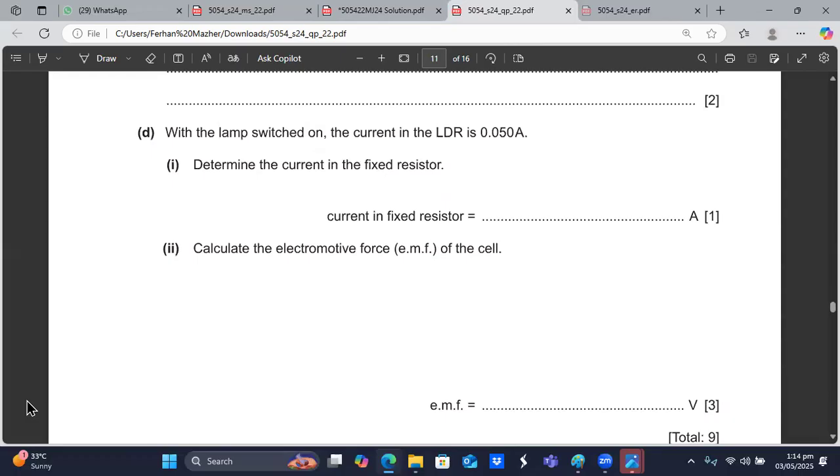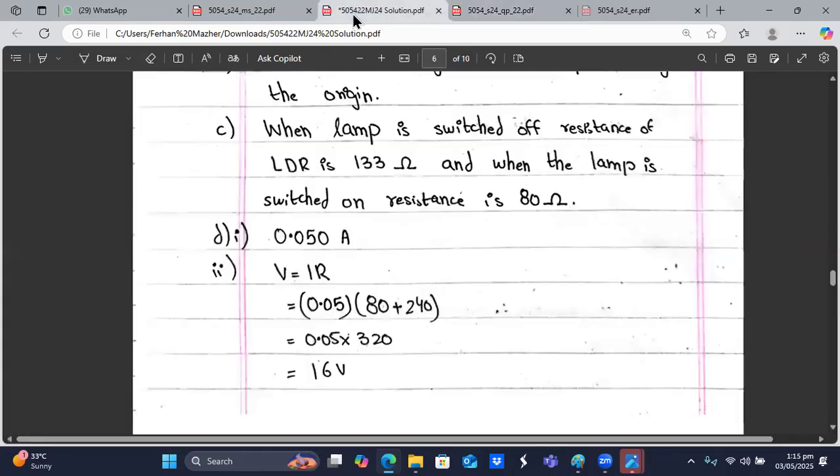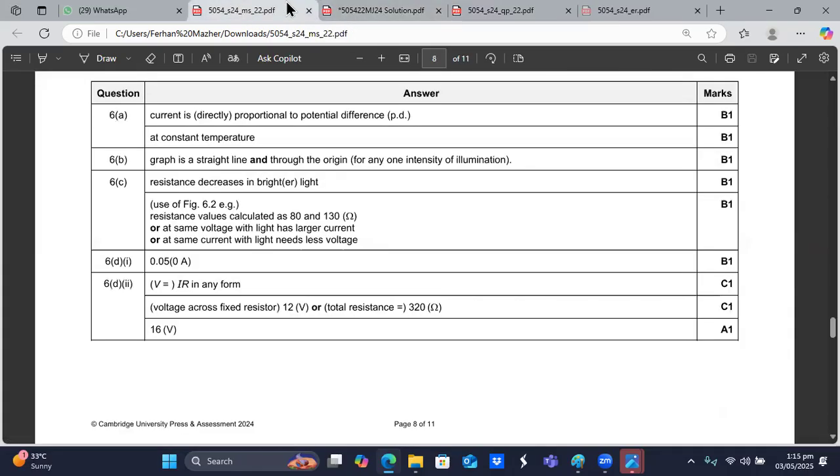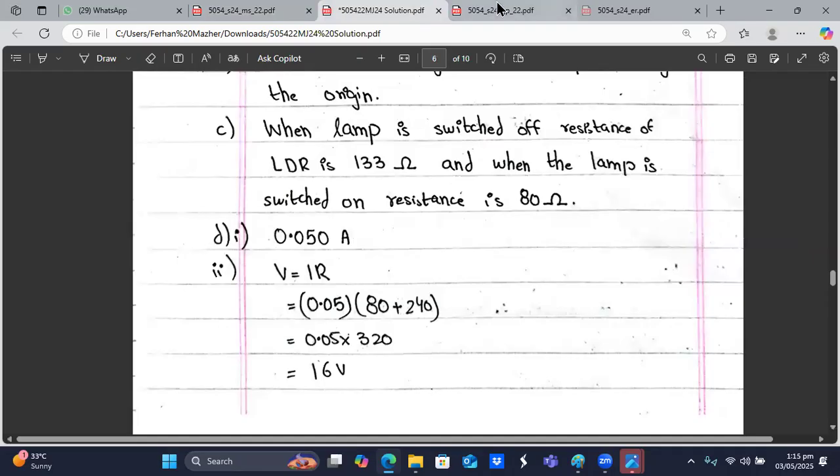Because the LDR and that fixed resistor are connected in series with each other, the same amount of current which is passing through the LDR is also passing through the fixed resistor. So it is 0.050 ampere. This is a conceptual thing because both of these are connected in series, so they will have the same current through each of them.